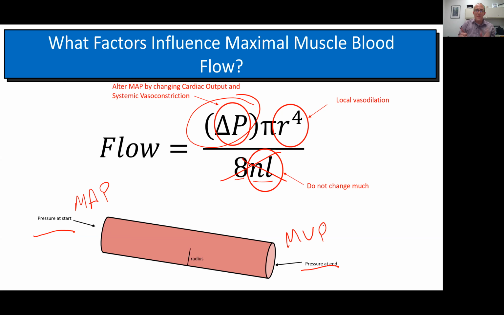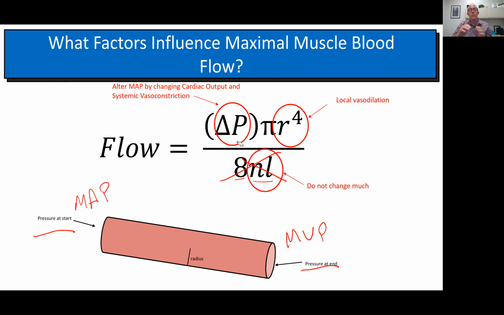This will go up maybe 40%, 50% during exercise. So it goes up, but not a lot. So the majority of our increase in blood flow is coming by dilating the artery, making the artery bigger. And it's to the fourth power. So what that means is a small change in radius has a big impact on how much blood can flow down to the muscle.